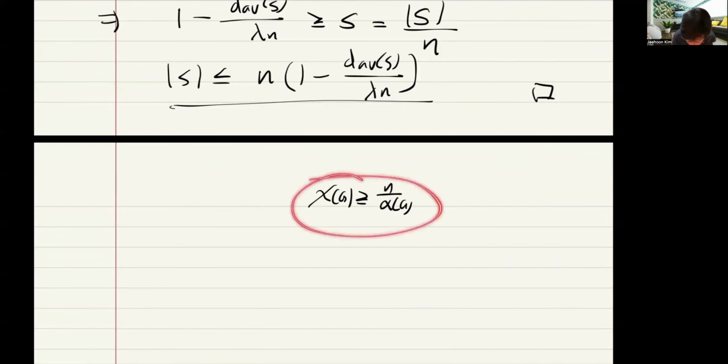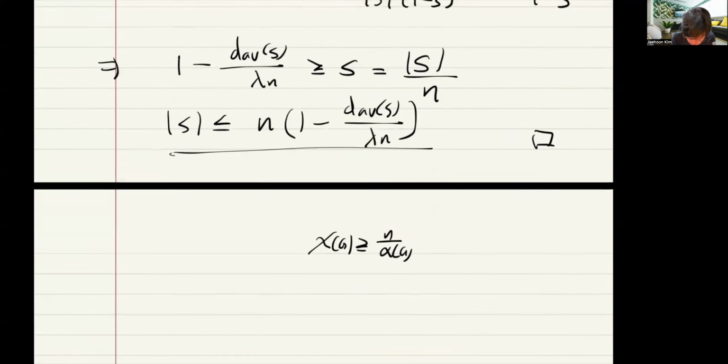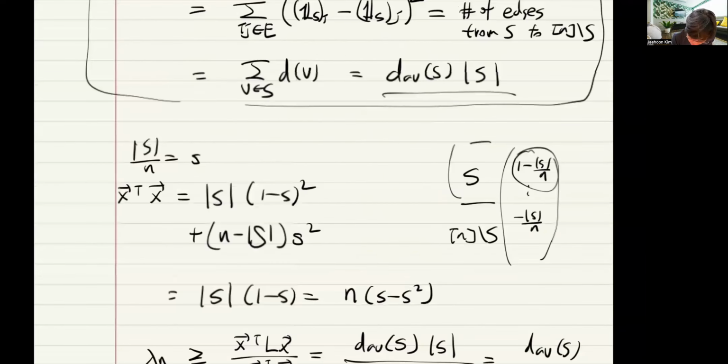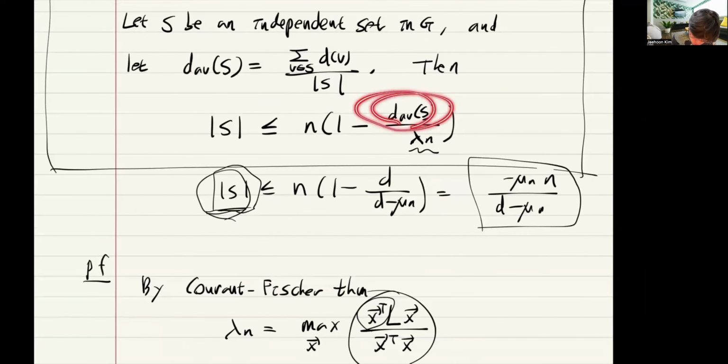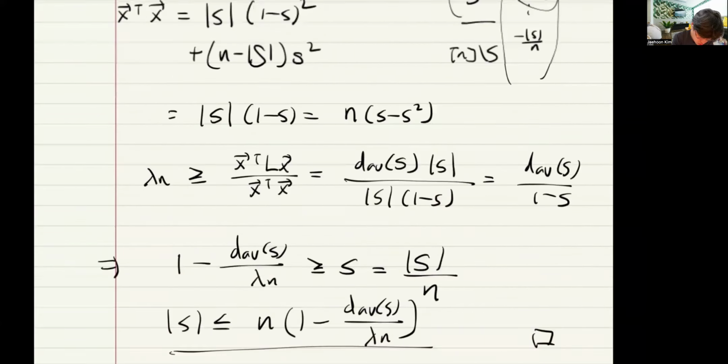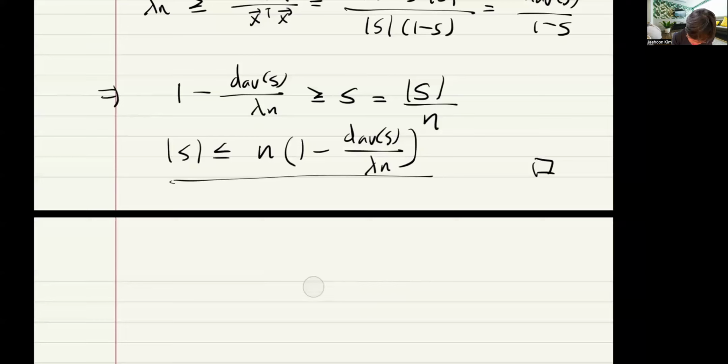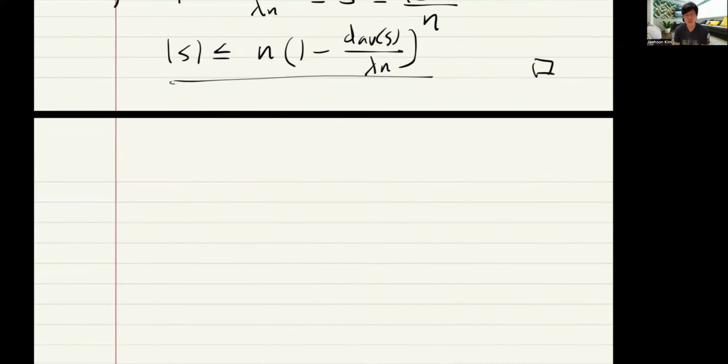Here, if the graph is irregular, then you get the upper bound. But otherwise, you have this term, which is difficult to control. So it doesn't really give you an explicit bound on the chromatic number that you want.